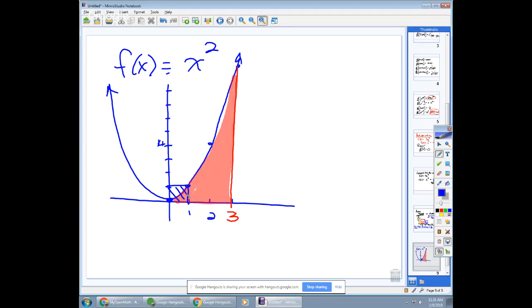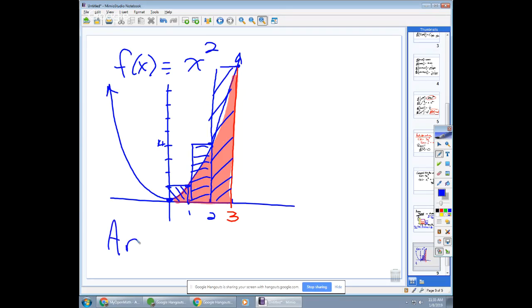And then I could come over here and say, well, I know I have the point 2, 4. So let's use that rectangle as an approximation of the area. And the same thing over here, I know I have the point 3, 9. So I can just turn it into a bunch of rectangles. That's a bit of an overestimate, right? Because we have some chunks of these rectangles that are outside of the area I'm interested in. But that simplifies this problem greatly.